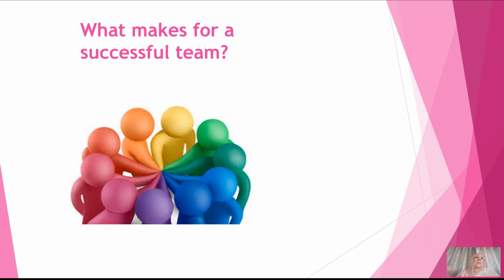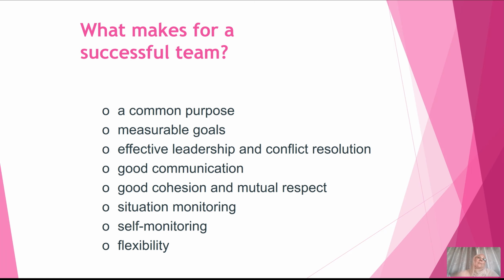So what makes for a successful team? A common purpose, so everybody wants to achieve the same thing. Measurable goals, so the team can look at their work and say, we achieved this and this, but on this point we still have to work on, and that's one point we still have to put a lot of effort into.